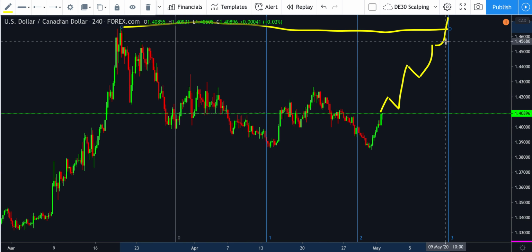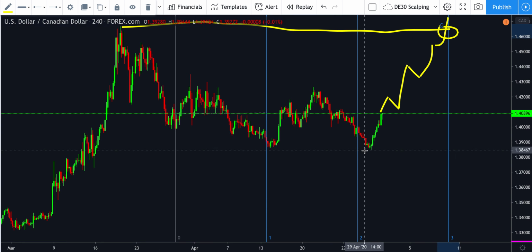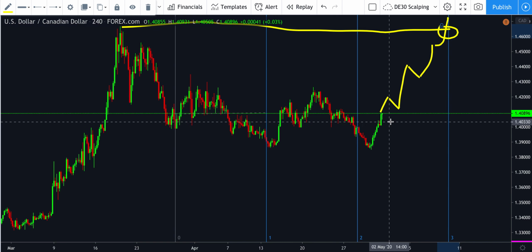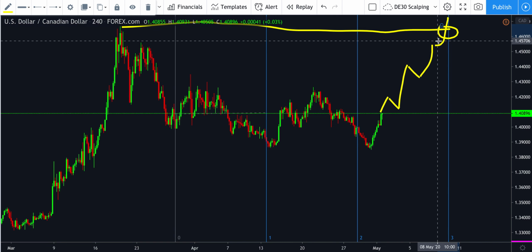Here we have a confluence area, meaning that price could be starting a trend where it will at least reach this top.